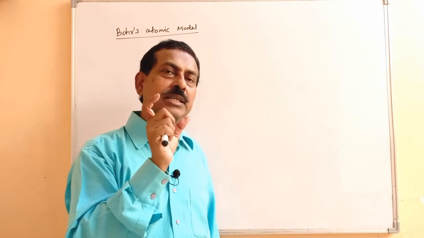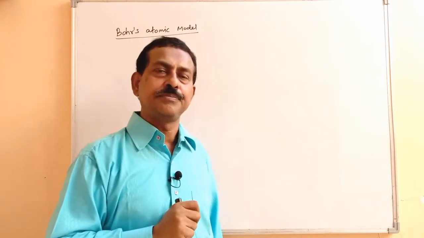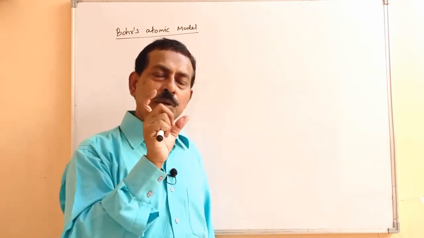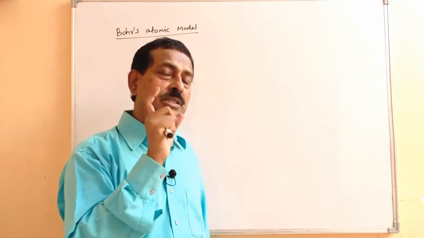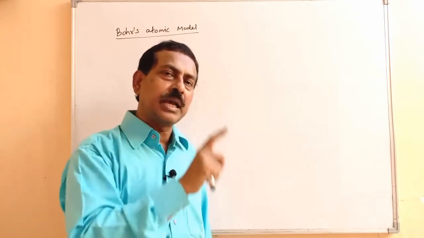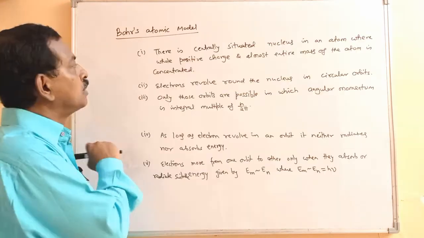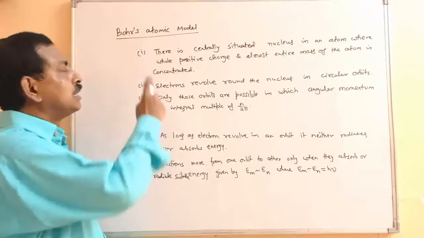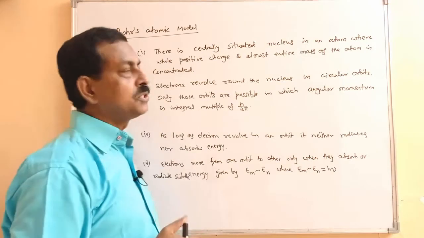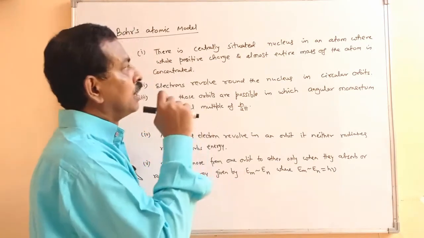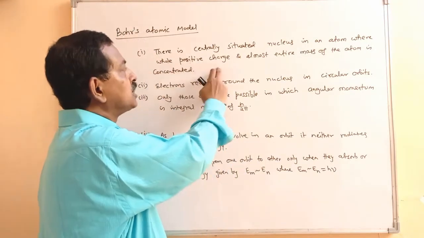There will be certain selected orbits only, and as long as the electron is in that particular orbit, it will neither radiate energy nor absorb energy.